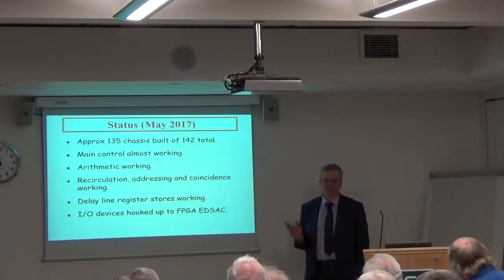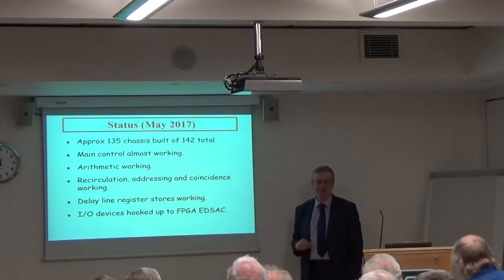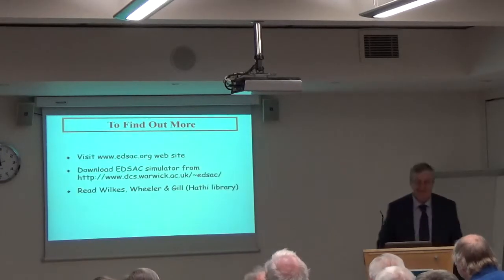So we may be able to keep EDSAC running, even with great chunks of the machine down, until engineers can come in and fix it, because there aren't actually too many wires you have to chop to put in a modern system that knows how to do the job. But then it wouldn't really be EDSAC, or maybe it would, or maybe I need to go and read Don's paper again. Thank you very much.